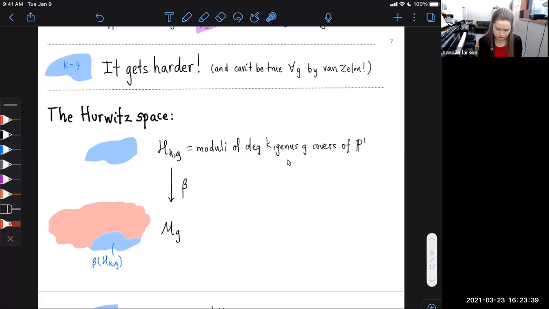And the image of H_{K,G} is certainly contained within M_G^K. But in general, this map beta is not proper because the degree K line bundle that gives us this map to P1 could acquire a base point in the limit.